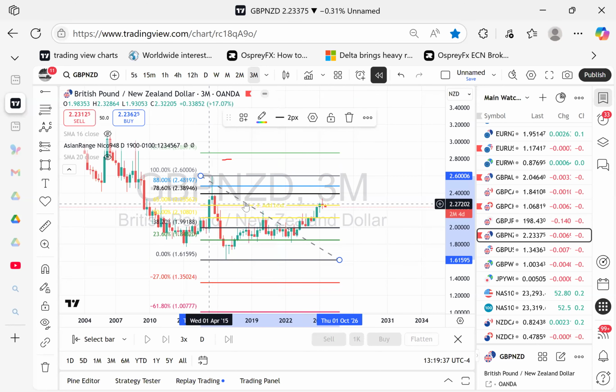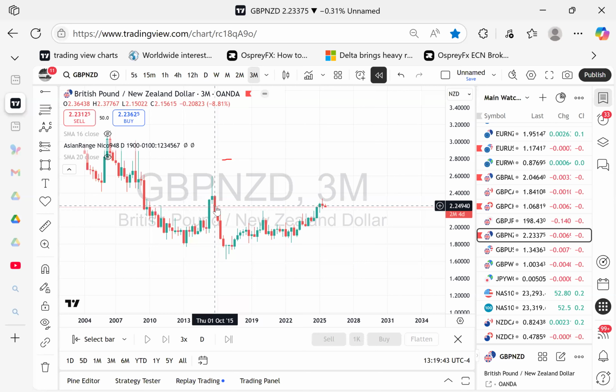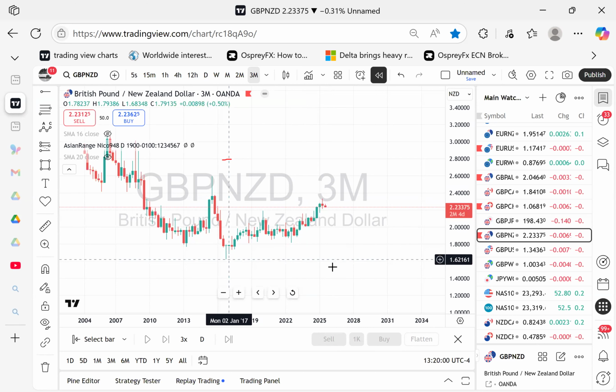If you look at this pullback, did price hit this imbalance right here? Yes, you just touched it. It hit this imbalance and now it's selling. Like most of us would expect, if we get a break of structure and a pullback, we expect price to sell.